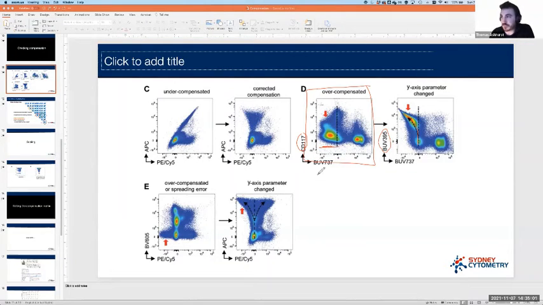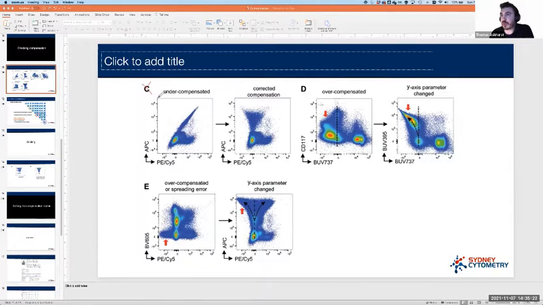The reason for this is, if this x-axis is the same in both cases, then these cells are still going to be in the same place on the x-axis. They're not going to move. They're just going to move on the y-axis. So we'll always see the super negative regardless of what we're putting on the y-axis. So there's a bit of a mechanistic approach we can take to figure that out.